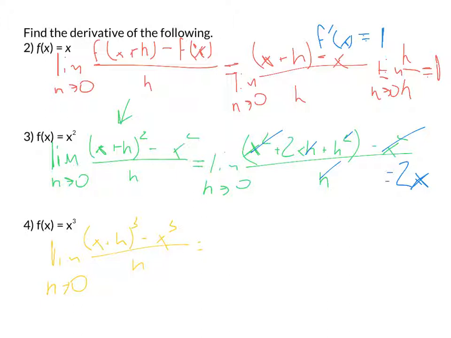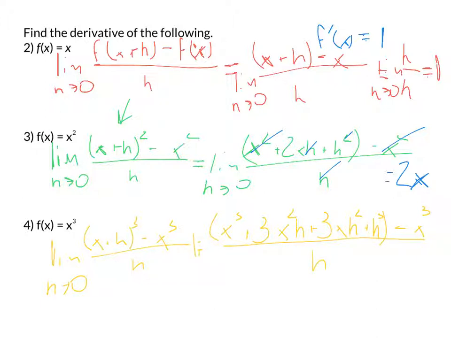And if I do x plus h cubed, that's going to result in x cubed plus 3x squared h plus 3xh squared plus h cubed, still minus x cubed all over h.